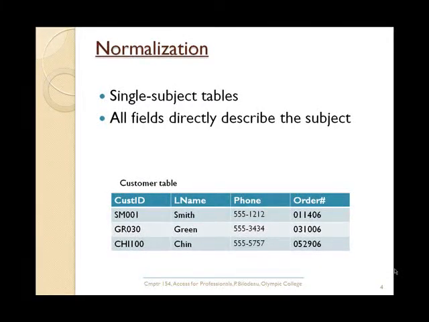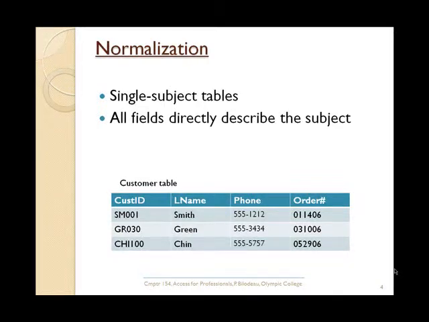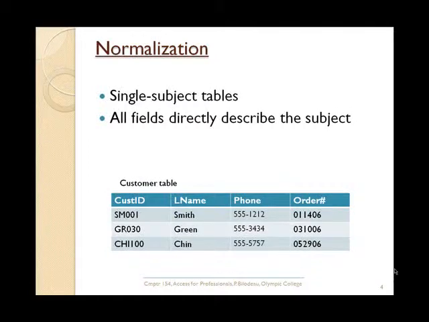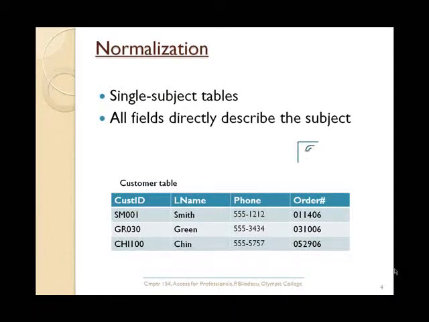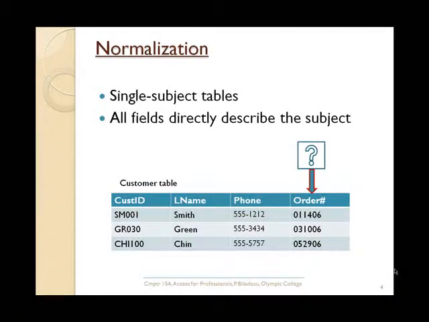With our example, each person has only one customer ID, only one last name, etc. When you start to see the possibility of more than one value of the attribute for the person, you're looking at a field that should likely not be in the table, but rather in its own table. It is possible, highly likely even, that each customer will place more than one order over time. The order number is problematic in the customer table for that reason, and also because it does not directly describe the customer.